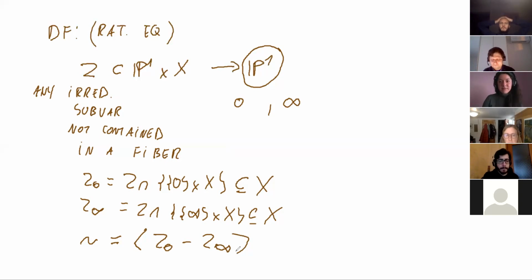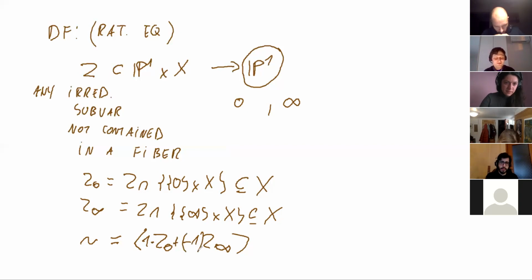I think maybe I'm just a little confused about how this is sitting inside of the other group. Yeah, so this is like 1 times Z0 plus minus 1 times Z infinity, very formally. So it's a combination of subvarieties. Okay, now to be honest, I'm slightly cheating here because I should say that these are schemes, but this is set in the lecture notes.